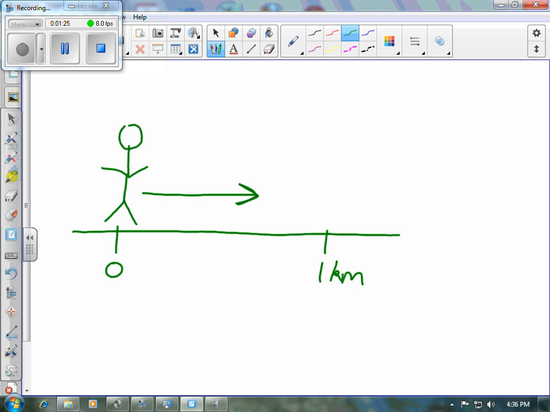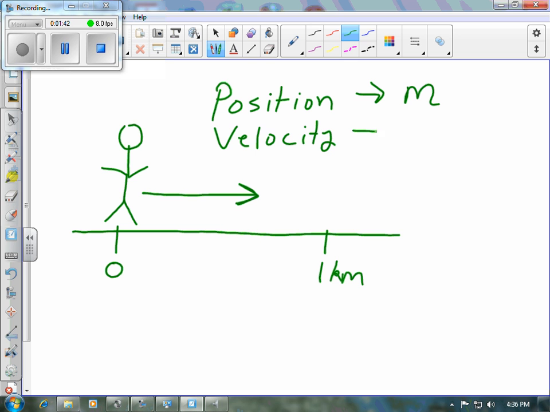And position is simply measured in the units of meters. Okay? Velocity is measured in units of meters per second.